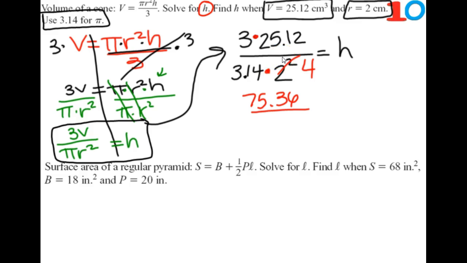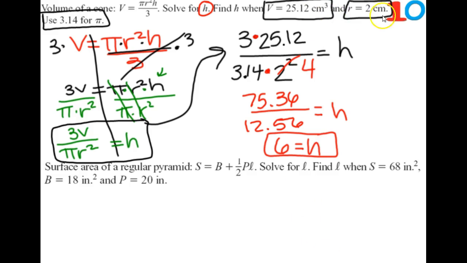So we have 3.14 times 4, which is 12.56. So if we divide 75.36 divided by 12.56, wow, I get a nice 6. And we were talking about centimeters, so 6 cm if you want to put your units on there.